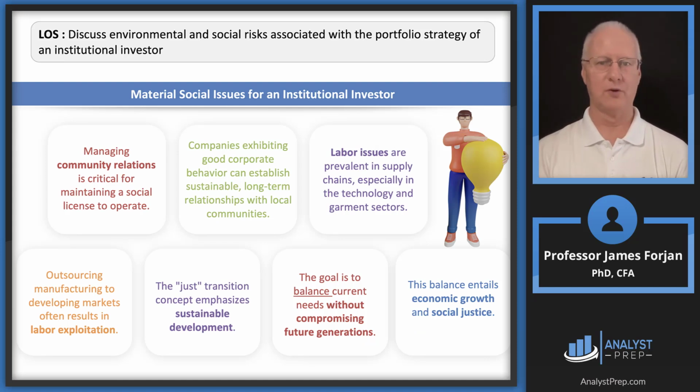All right, so material social issues. So what do we have to worry about? Community relations, good corporate behavior, labor issues. This is a big one here, especially given the context of what we had during COVID, this just terrible breaking of the supply chain.